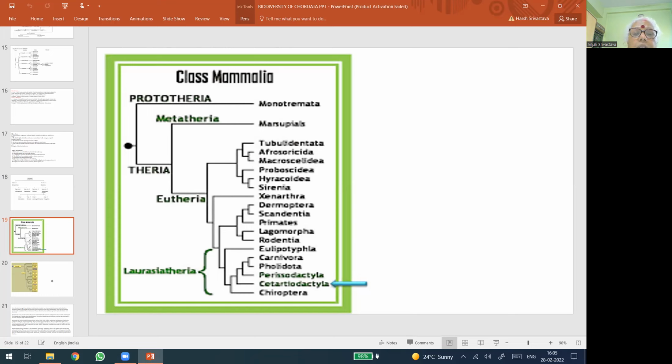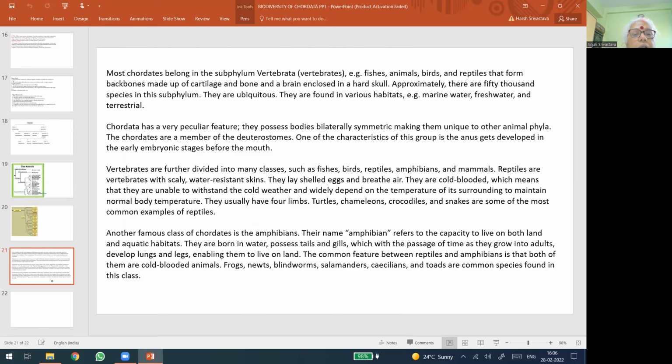Then are the Metatheria, where the animal gives birth to a young one, but it is not yet free living, because it can't take food by itself, so the mother carries its baby in a pouch called a marsupial pouch, and hence the name marsupials. The example is kangaroos. And last are the eutherians, that include all these orders and all sorts of modern mammals.